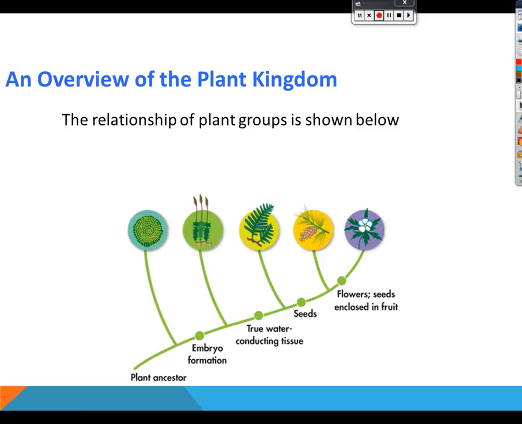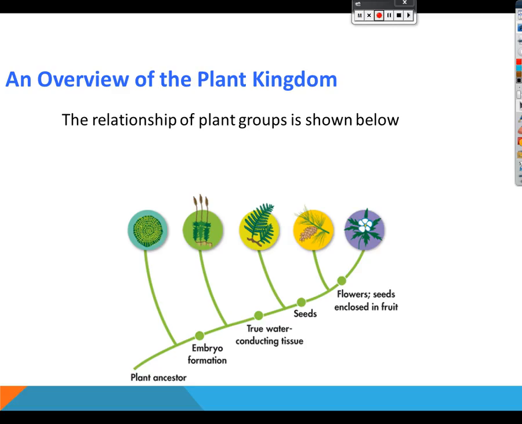So, to kind of go backwards in recapping the evolution of plants, I gave you this picture here so you can see the ancestor. What is this? This is that green algae that we believe was that first plant to make it from water to land.